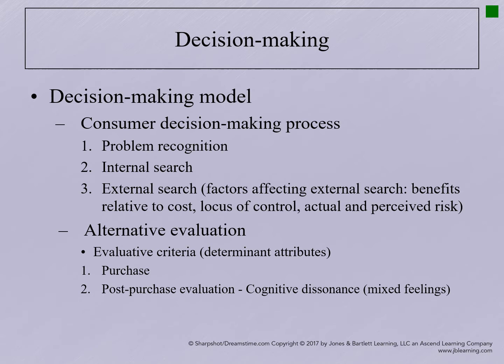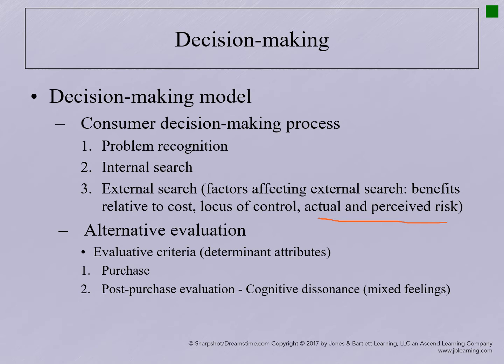With external, you're someone influenced by external factors. We also look at the perceived risk in buyer behavior, actual versus perceived. Once again, perception is reality in the marketing world.